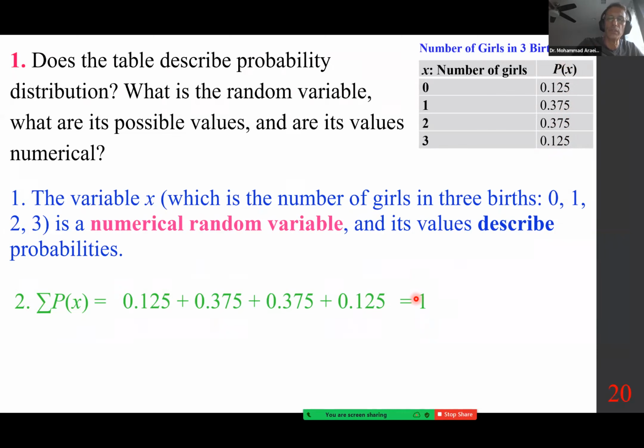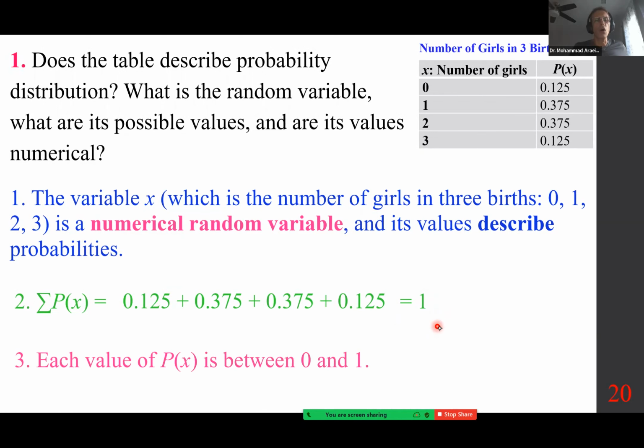Summation of probability is always 1 or 100%, or a number extremely close to that, because sometimes due to round off error, they may end up being 1.0000001 or 0.9999, many nines. In other words, the number must be extremely close to 1. If we have exact answers, it will always be equal to 1.